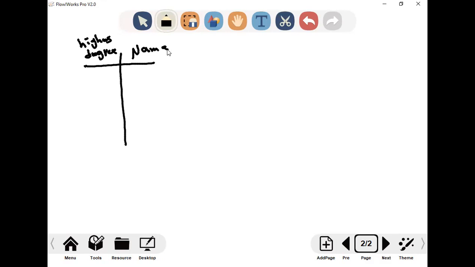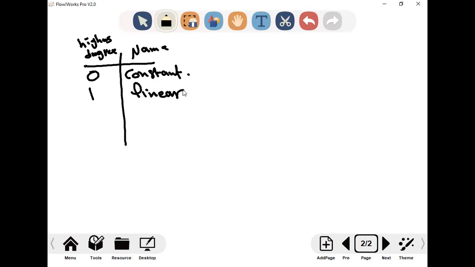If the highest degree is 0, the function we call it constant function. I will give you example now. If the highest degree is 1, the function we call it linear.